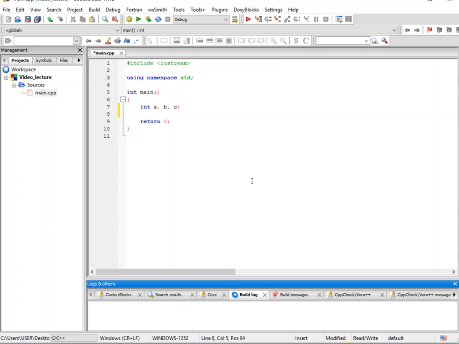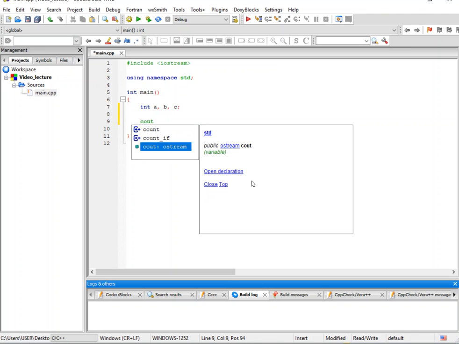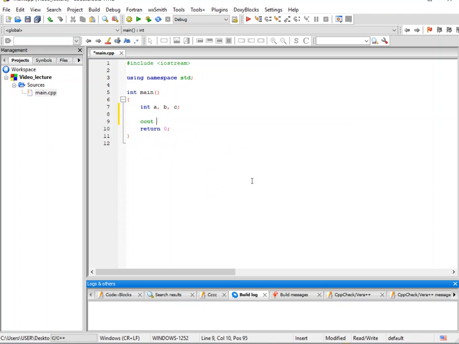The first thing we do is to prompt the user, because the question says we should prompt the user to enter three sides of a triangle. So we prompt: please enter the three sides of your triangle. Then we end line.